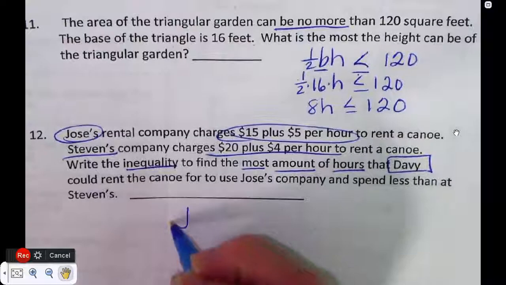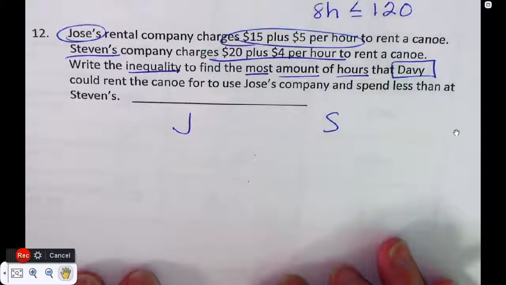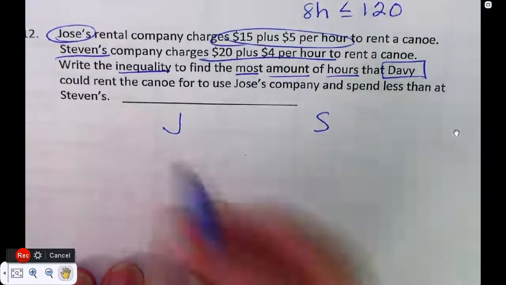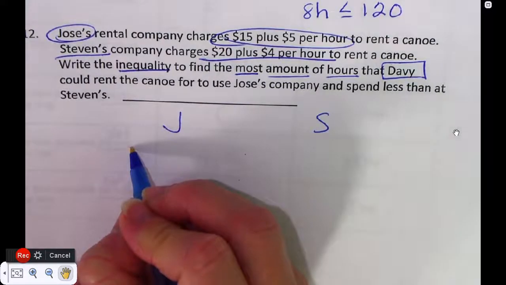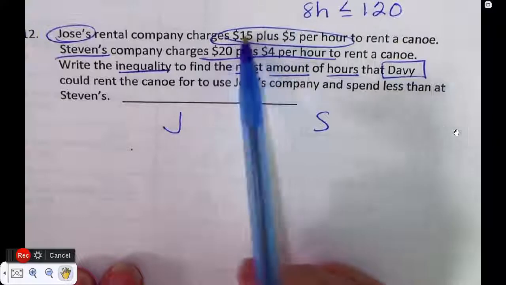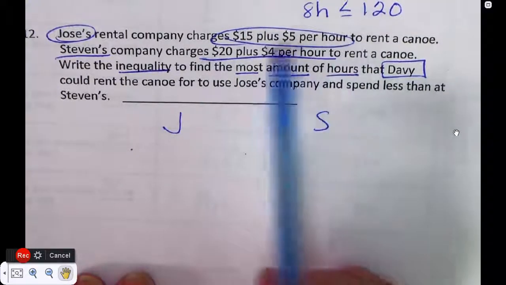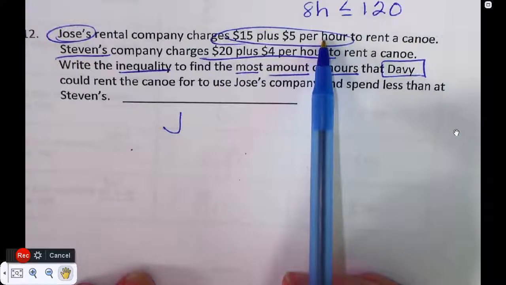So let's do Jose and let's do Stevens right here. Everybody in here can write this. When I say go, you're all going to tell me how you're going to write how to get the charge for Jose's company.